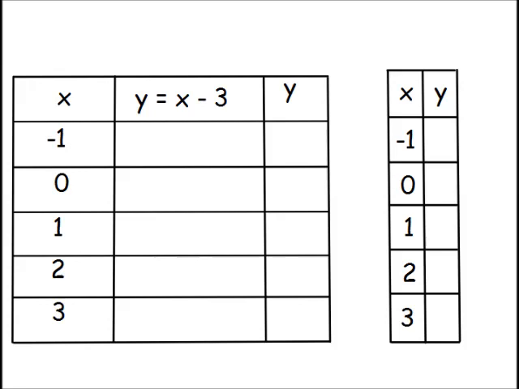Here we have the equation y equals x minus 3. And we're given a set of values for x. X equals -1, x equals 0, x equals 1, 2, 3. So if x were equal to -1, let's solve what y would equal. Y would equal x minus 3.